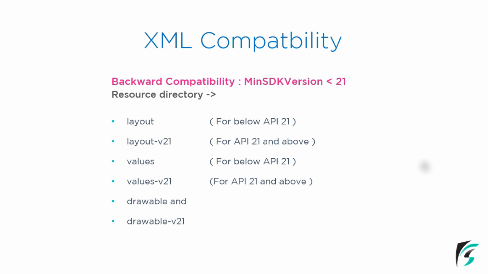Then the drawable and drawable v21. For below API level 21, the drawable is used, and for API level 21 and above, the drawable v21 folder is used.